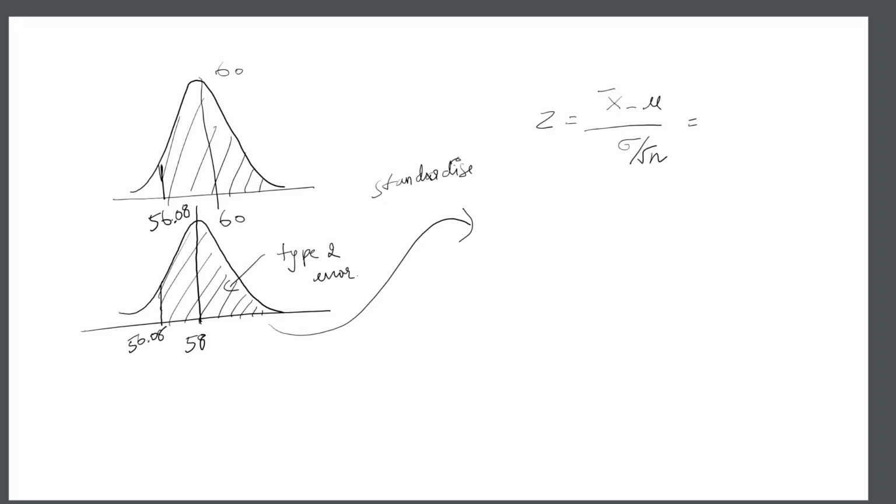Here x bar is 56.08, minus mu, which is the actual 58, divided by 12 divided by root 51. So the z value we have got is minus 1.14.